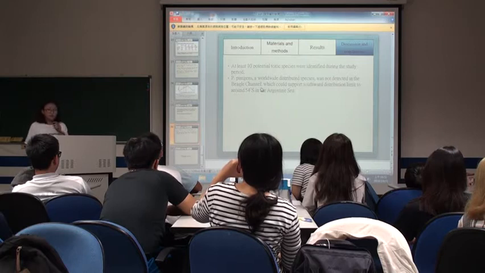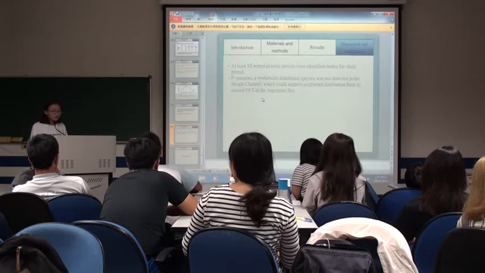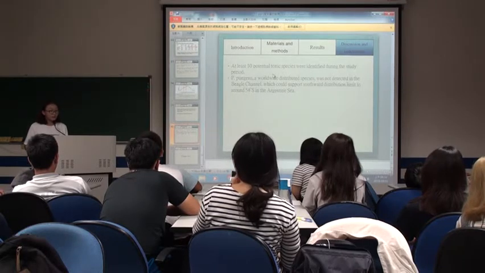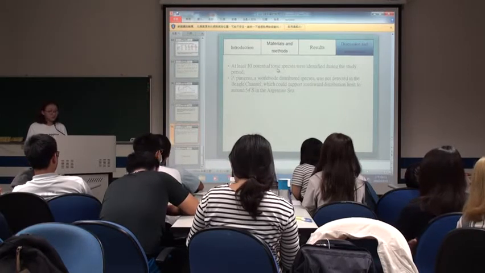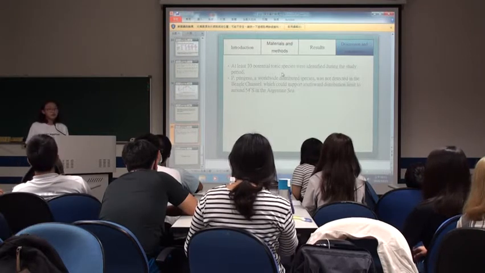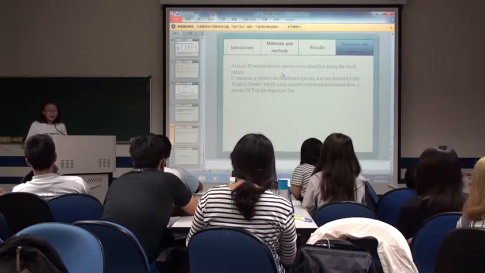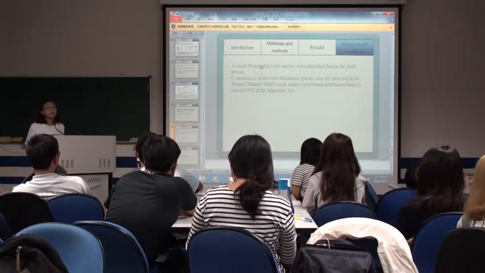Repeat his question: why there are 10 potential toxic species in this. The paper tells me, but I don't know why. It just has this 10.